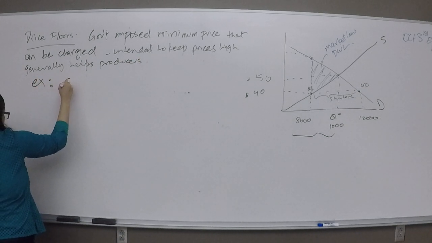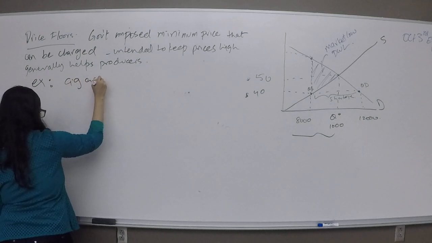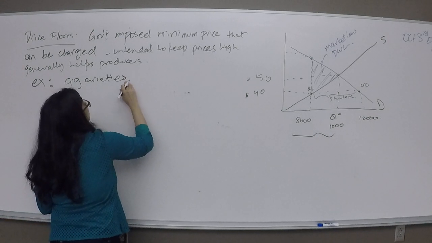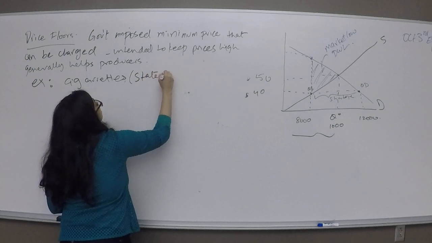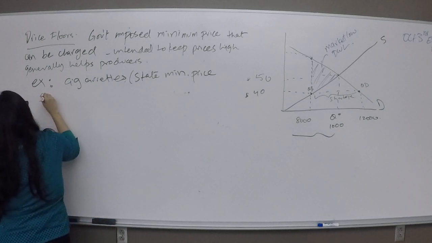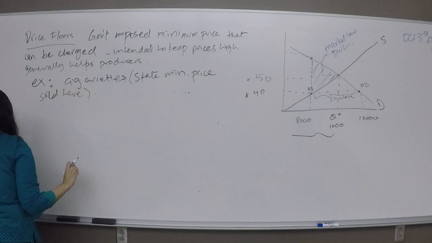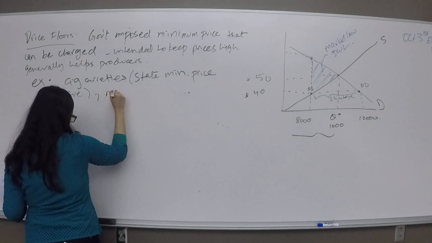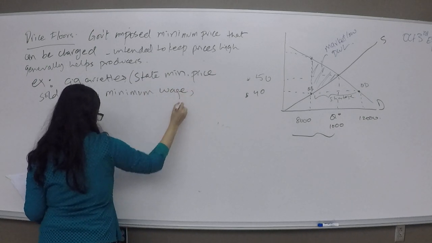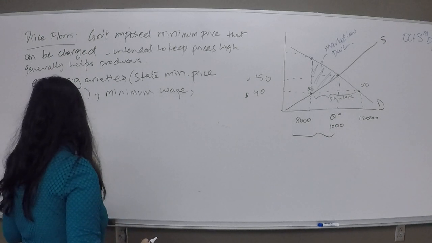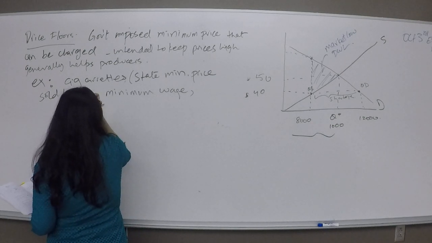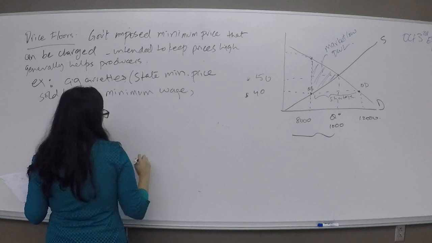Examples of price floors: cigarettes, state minimum price sold here, minimum wage, alcohol.